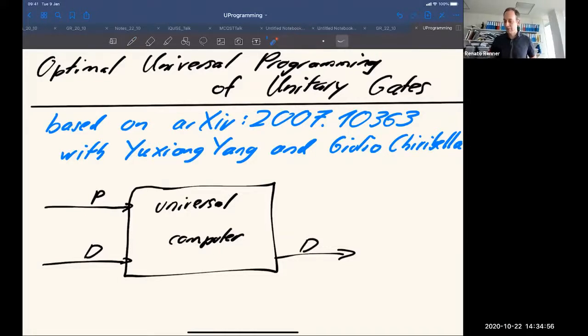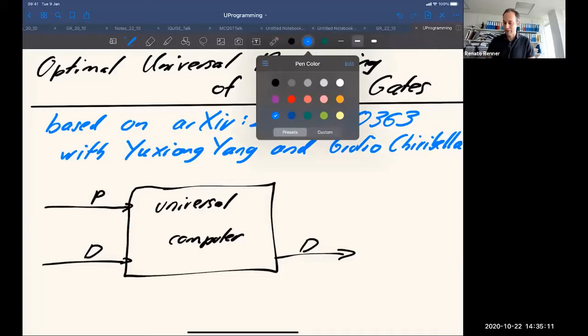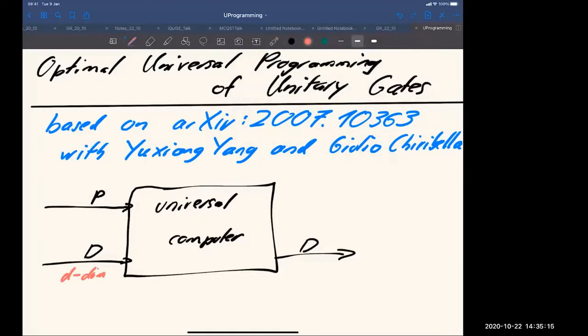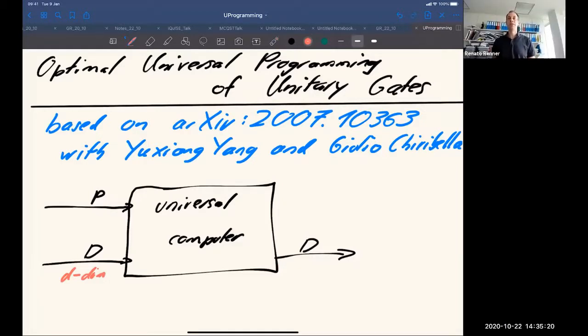So here is just the data. Here on the left-hand side is whatever goes in, and on the right-hand side is whatever comes out. And without loss of generality, I will assume that these keep the same dimension. So of course, I just choose the larger dimension of whatever I need. So this should be D-dimensional, which means in the classical world, I would just have D different states, or log D bits.